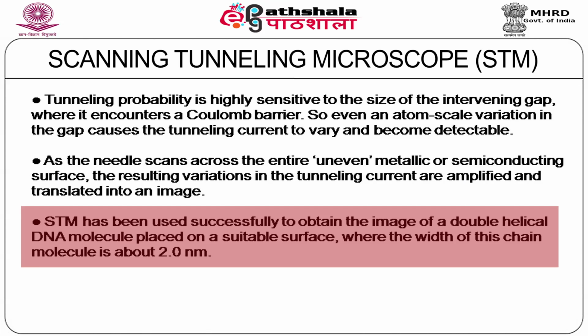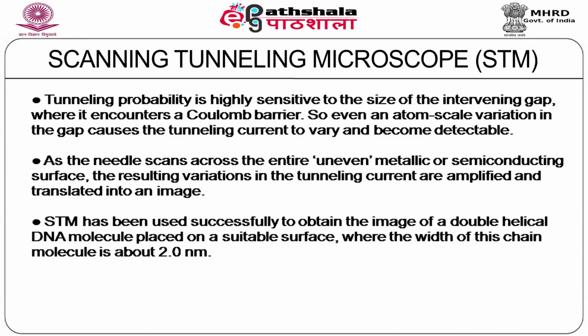So by using the microscope, you can detect the presence of DNA on a surface, not in full detail. You can directly observe it through this kind of microscope, which is based on tunneling of electrons.